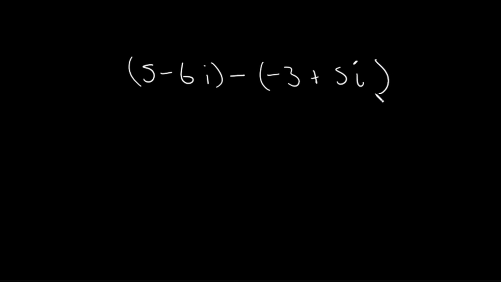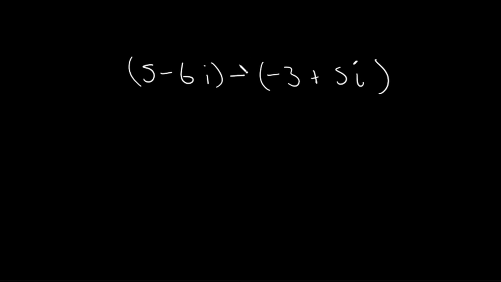Let's try subtraction. If we have the complex number 5 minus 6i, and we want to subtract -3 plus 5i, how would we do this? Just like with addition, we need to combine like terms, but we must distribute this negative first.